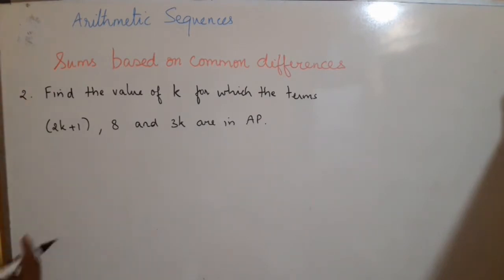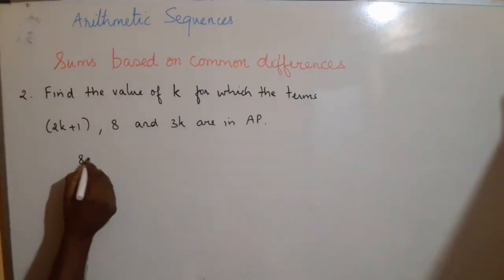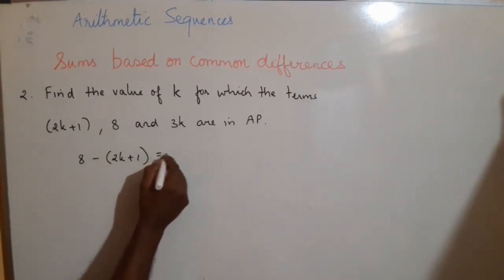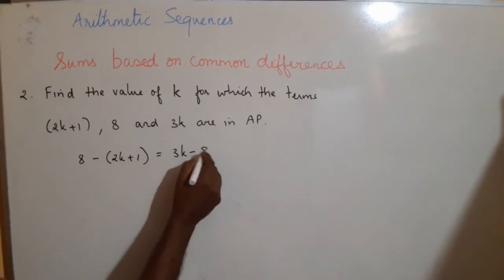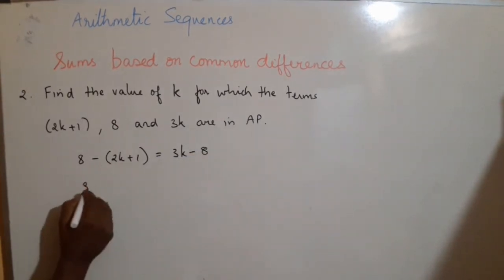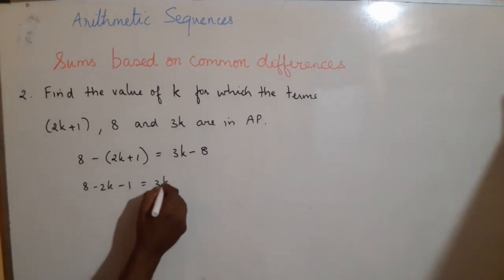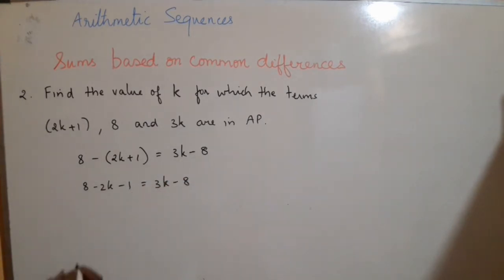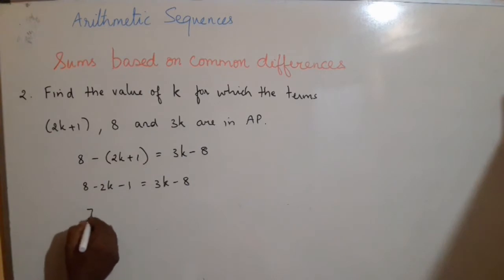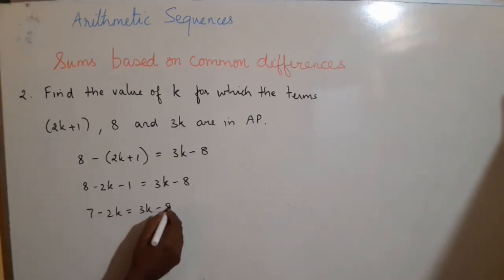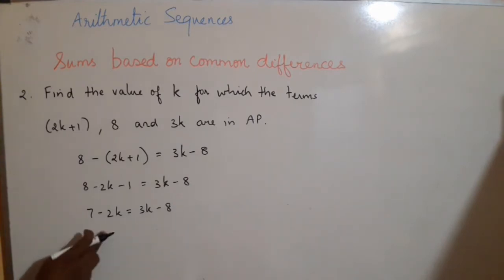So let us begin. We will have 8 minus (2k plus 1) should be equal to 3k minus 8. 8 minus 2k minus 1 equals 3k minus 8. 8 minus 1 is 7. So 7 minus 2k equals 3k minus 8. Now we move the k to this side.